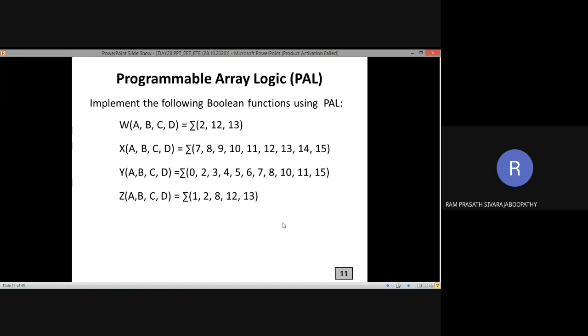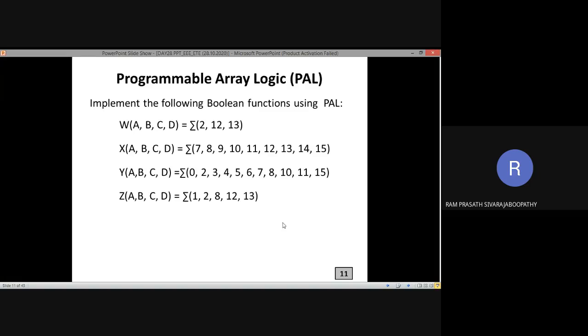Okay, fine. The first step to proceed with the problem is to minimize the given Boolean function using K-map. Okay, can you people type the answer for the first one? Draw the K-map table for W and minimize it. Do it fast.